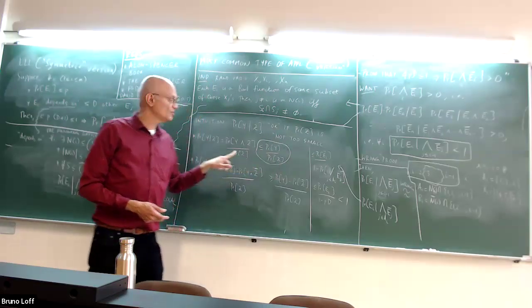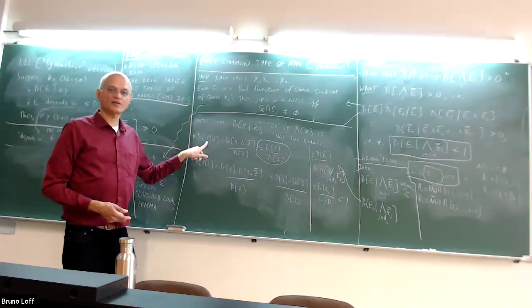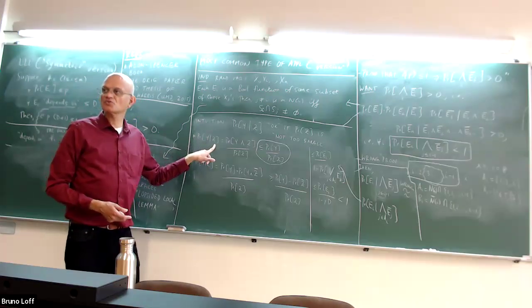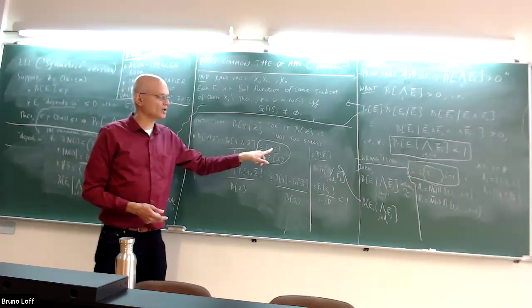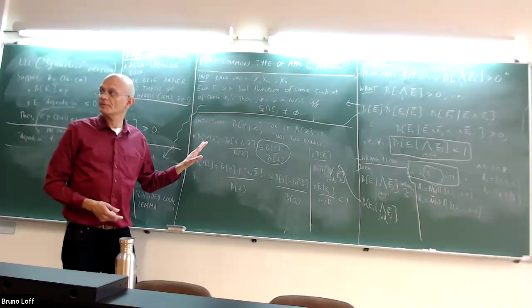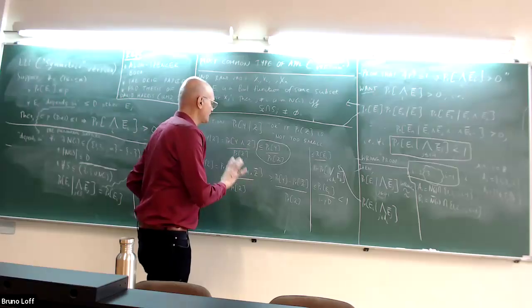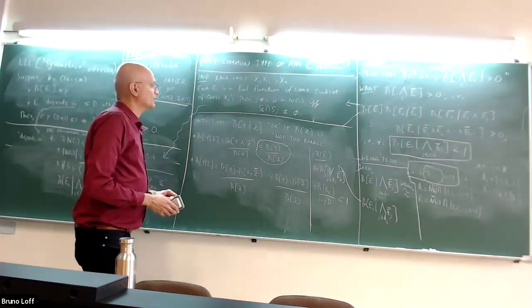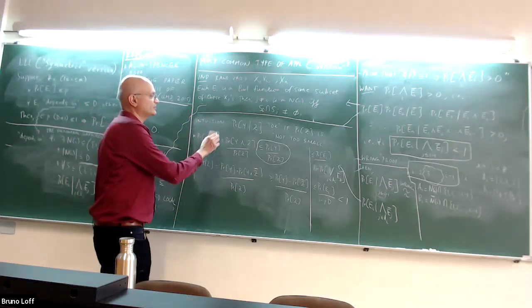It is useful when y is an undesirable event and z happens with relatively high probability. Then you can show a good upper bound on the conditional probability of the undesirable event y. So I'll erase this, but keep this intuition in mind.